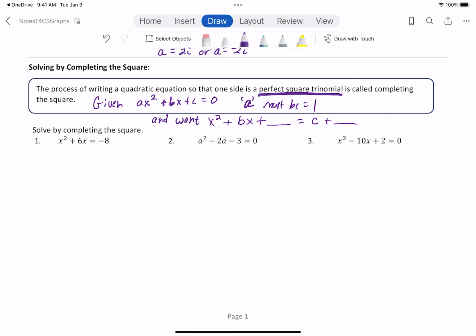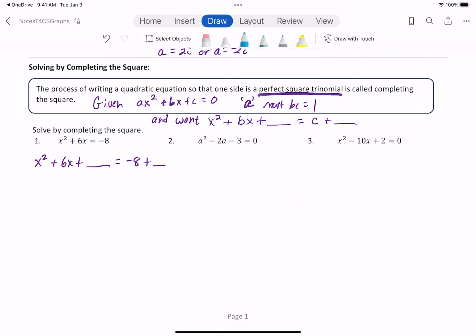Alright, so let's look at the first problem to see what we're talking about here. So this one, I have my squared term, a is 1. I have my linear term, so I'm going to write plus blank equals the negative 8 is my constant, and I'm going to write plus blank.